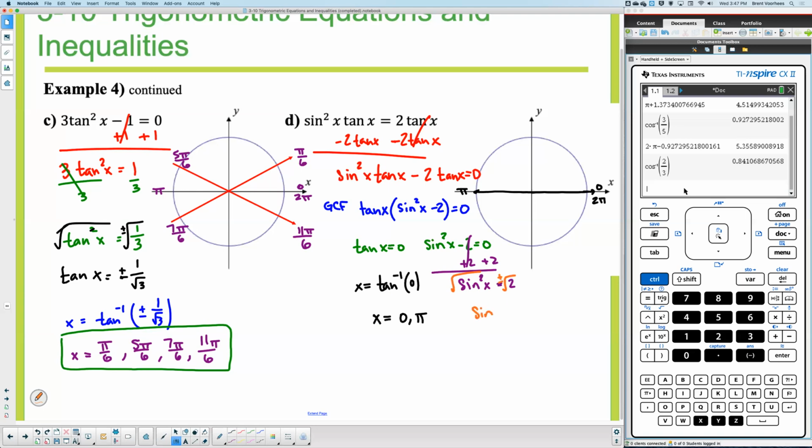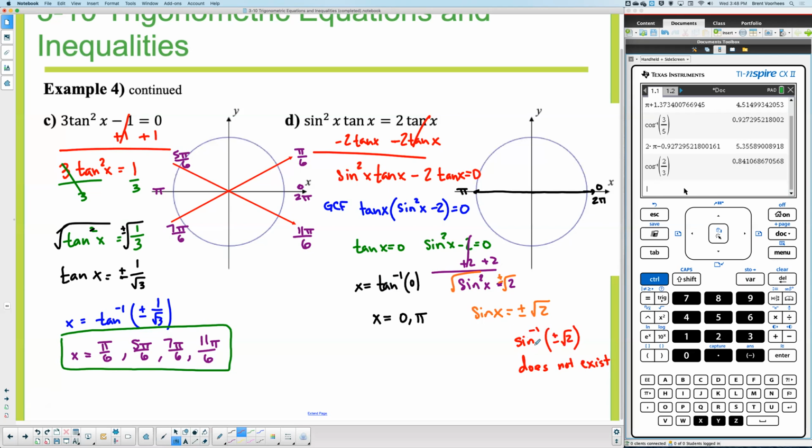It'll be the sine x of plus or minus square root 2. That number's too big when I go to do a sine inverse, and actually I shouldn't say x equals. If I just wrote down sine inverse, positive and negative square root 2 does not exist, because it's outside the restricted domain.